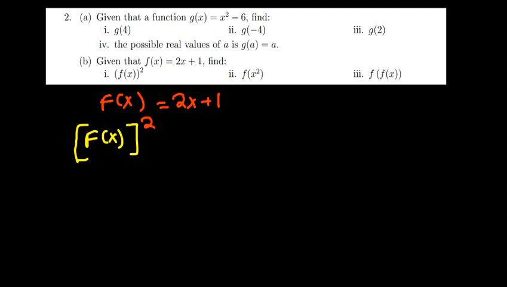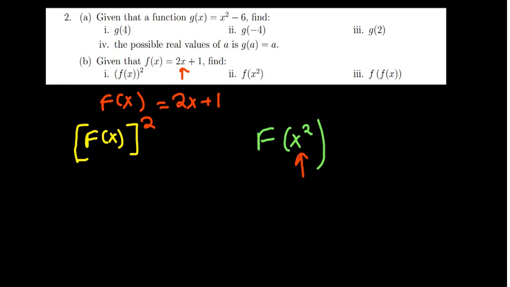I want you guys to understand that there's a difference between that and this, where I say x squared. This language means whatever is inside those brackets, you substitute where there's x in the function.